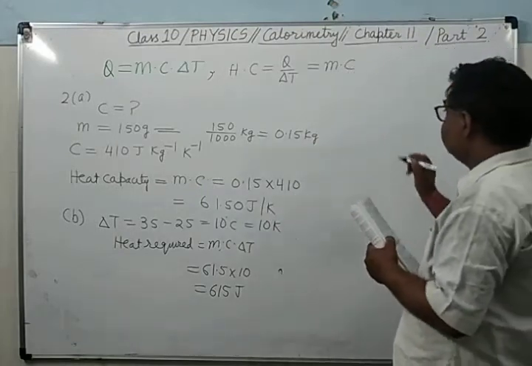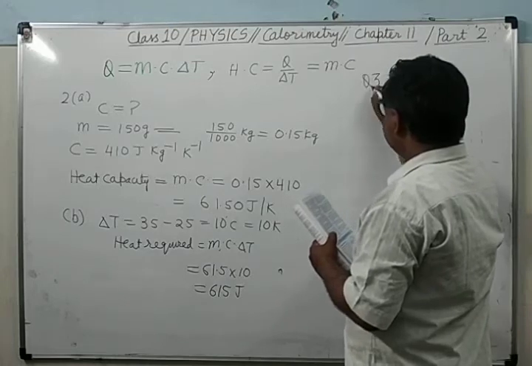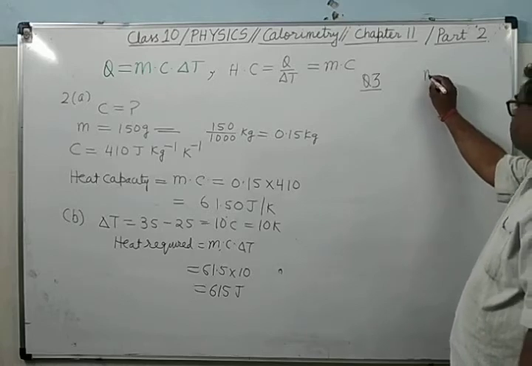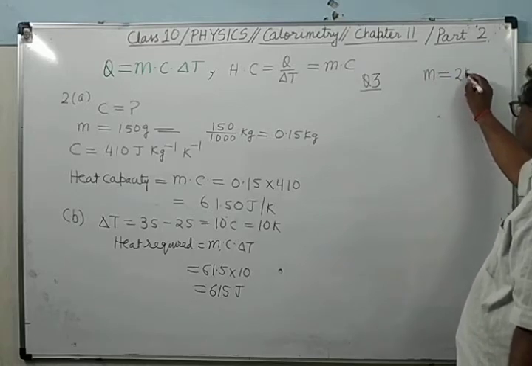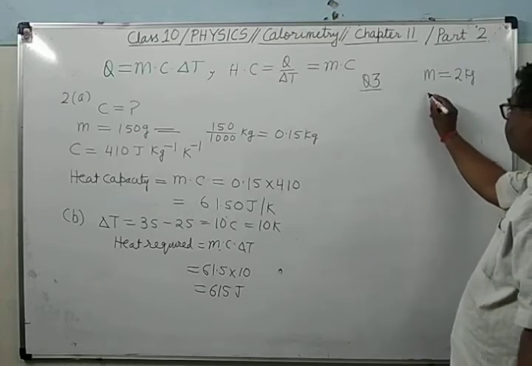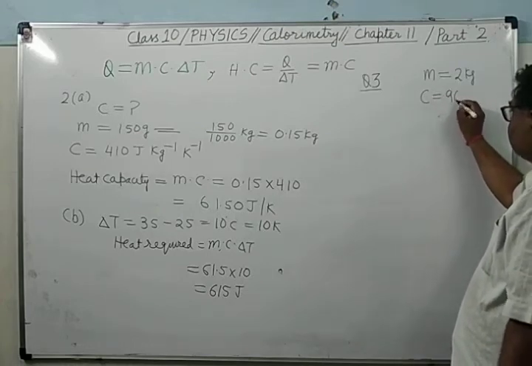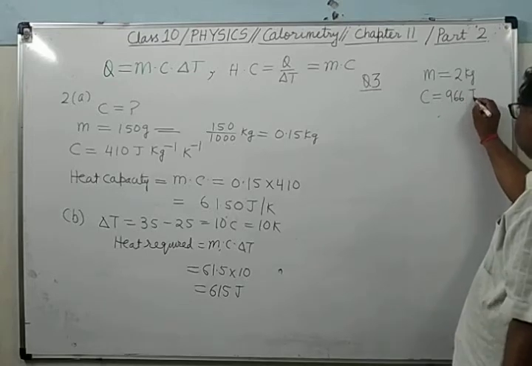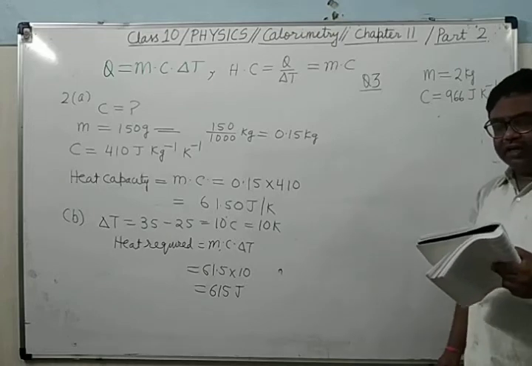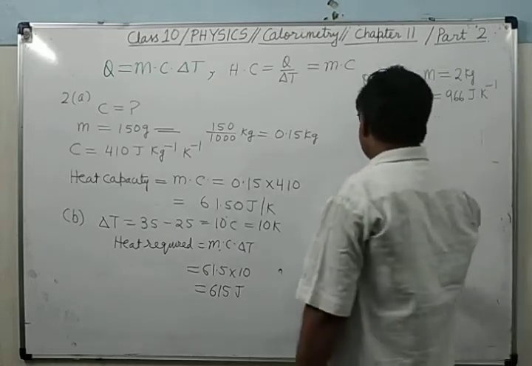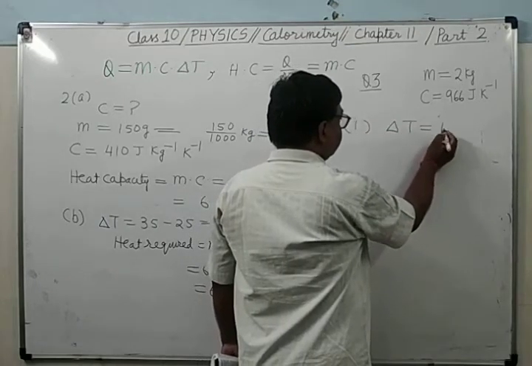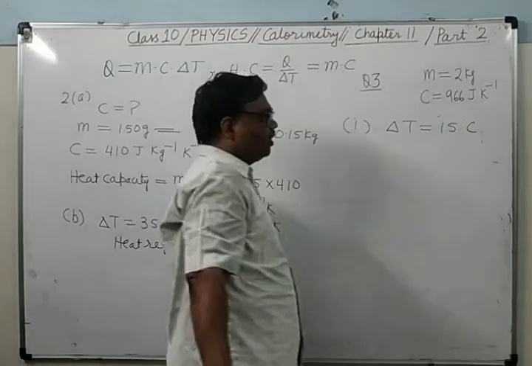Now you see the third question. Questions are very simple here. Question number 3. A piece of iron of mass 2 kg, M equals 2 kg, has a heat capacity C equals 966 joule per Kelvin. Find the heat energy needed to warm it by 15 degrees Celsius. Warm it by 15 degrees Celsius means you have to increase the temperature by 15 degrees Celsius.